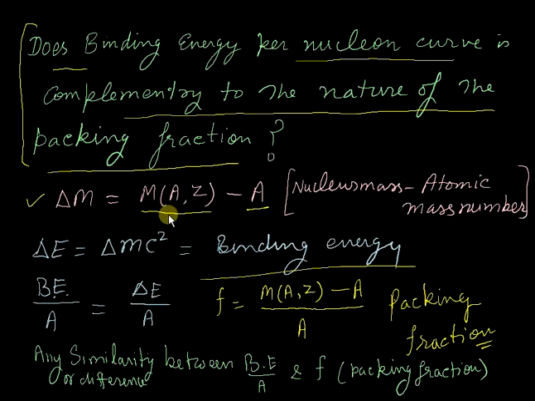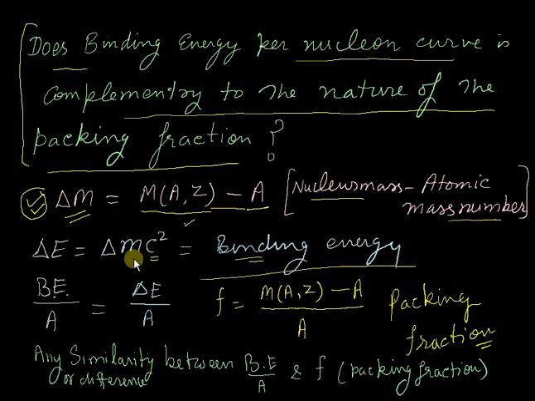So delta M is defined here as the mass of the nucleus minus A, the nuclear mass and the atomic mass number. If we multiply the mass defect with c squared, we get the binding energy. So this delta M is associated with the packing fraction concept.